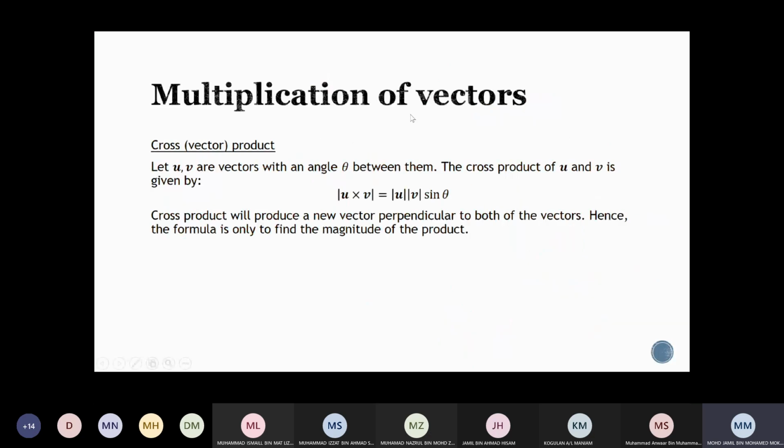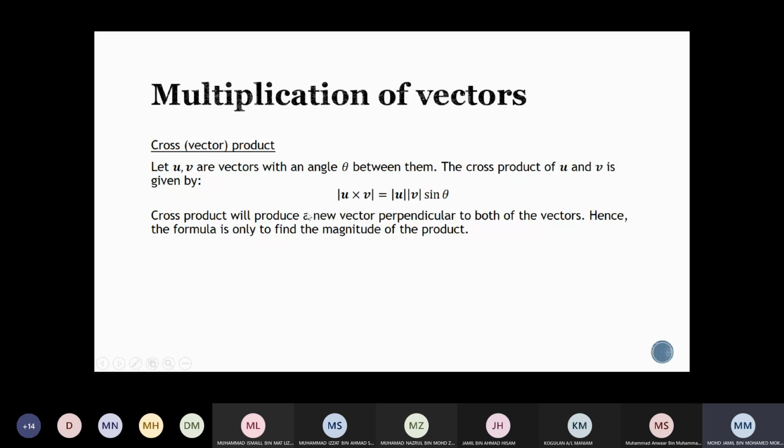Okay, so another multiplication of vectors is called the cross product. Let's say if you have vectors u and v that has angle theta between them, so the cross product of u and v, the formula is written as this one. So u cross v, the magnitude, equals magnitude u times magnitude v sine theta.